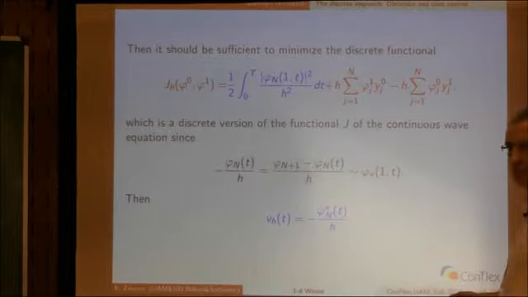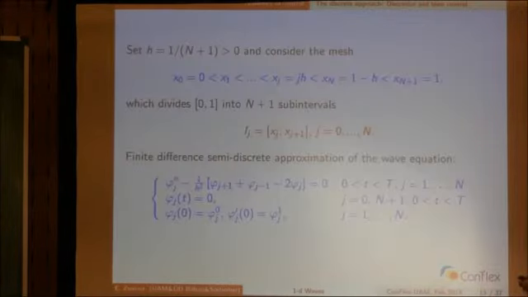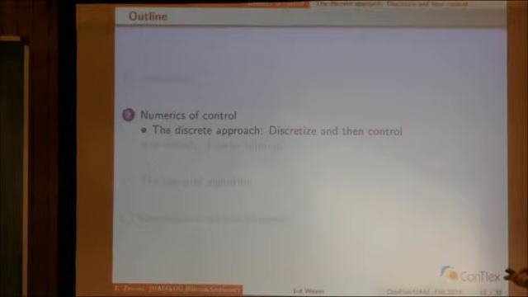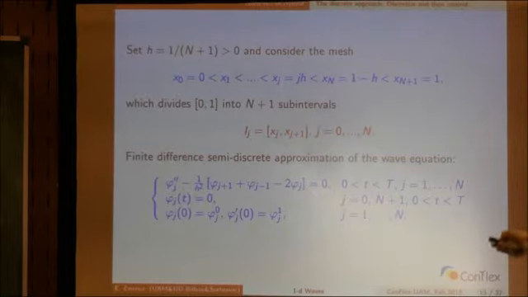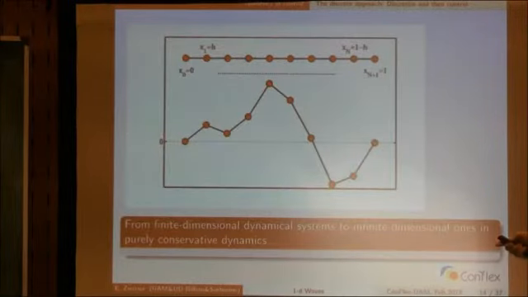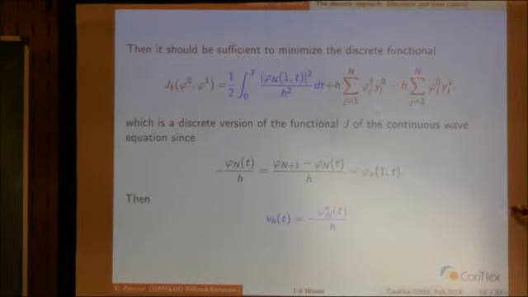So let's repeat again. I say, okay, I have to deal with the observability of the wave equation, fine, but eventually I will have to discretize. Let me discretize from the very beginning. I replace the corresponding observability inequality and functional to be minimized by the corresponding numerical analogs.